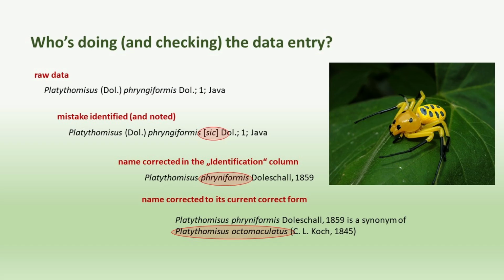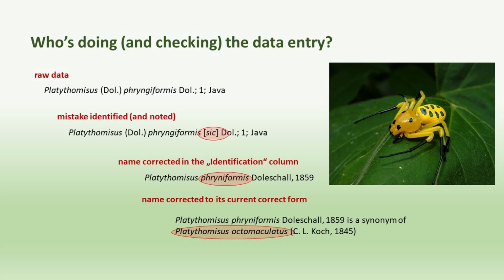And no, it isn't, it's a synonym of something else. And the point is, there's a whole series of steps that have to be done, and you kind of have to get it right if you don't want to have lots of mistakes in your final database that you export into something like Specify. So there's a whole series of steps.